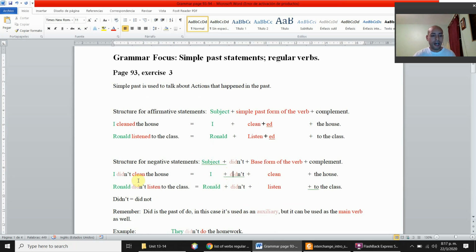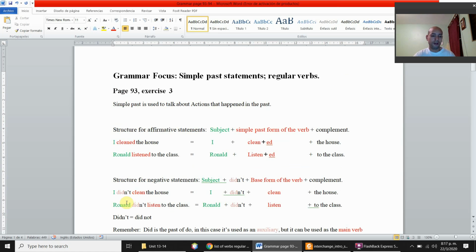So, for example, I didn't clean the house. The subject I, didn't, auxiliary did plus nt, did not. I didn't clean, the normal form of the verb, the base form of the verb, without ed, and plus the complement. I didn't clean the house.